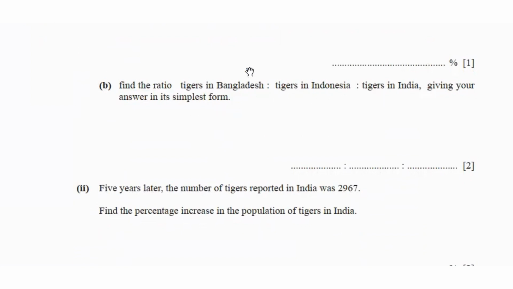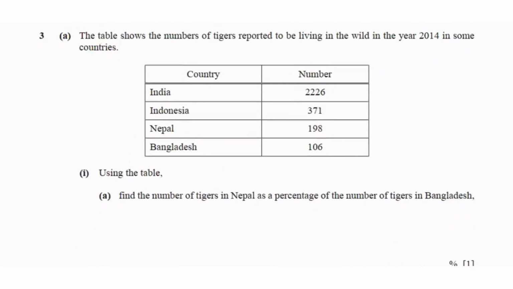Next part says find the ratio of tigers in Bangladesh to tigers in Indonesia to tigers in India, giving your answer in simplest form. So tigers in Bangladesh, that is 106, to tigers in Indonesia, which is 371, to tigers in India, which is 2,226. So now we have to figure out what is their common factor.